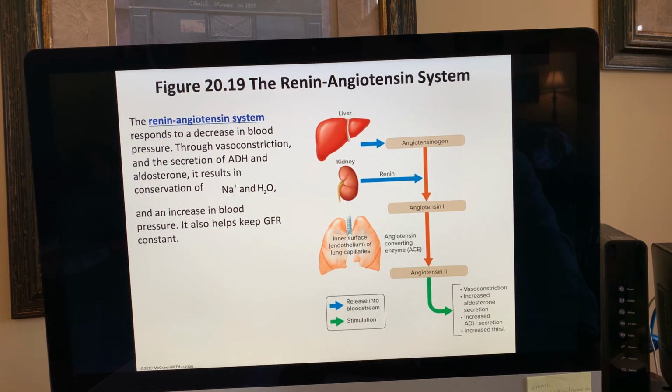Angiotensin 2 has many different effects. It is, first of all, the most potent vasoconstrictor in the body. What does that mean? That means it constricts arterioles. Those are your major resistance vessels. It also increases the secretion of another hormone from the adrenal gland called aldosterone.